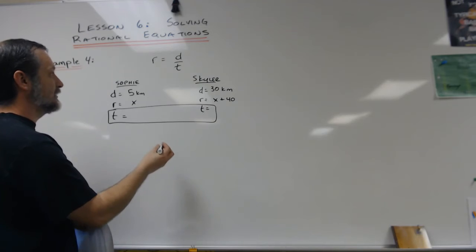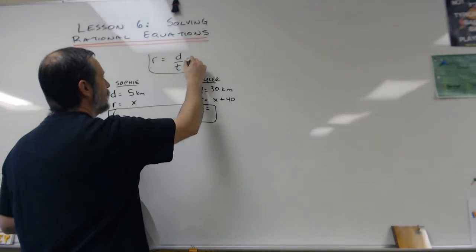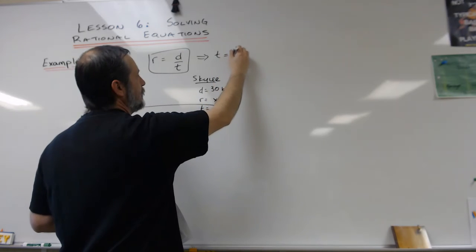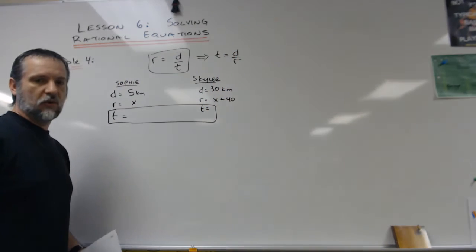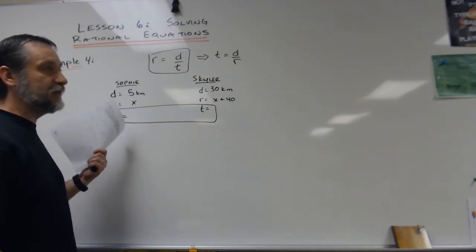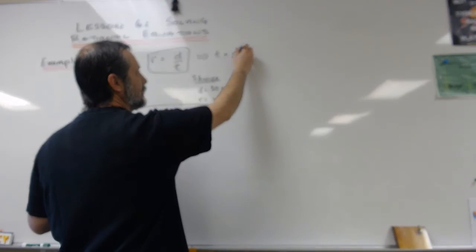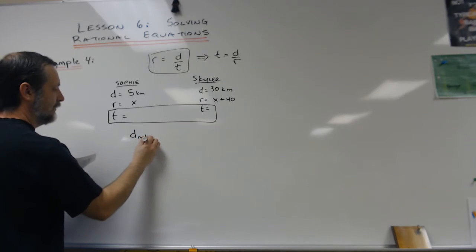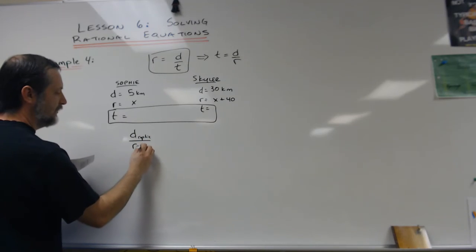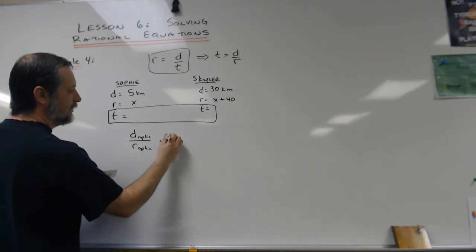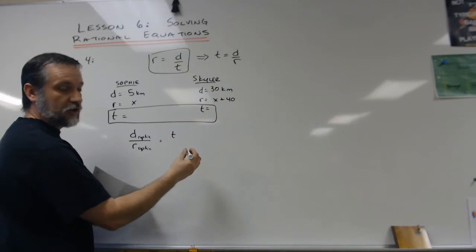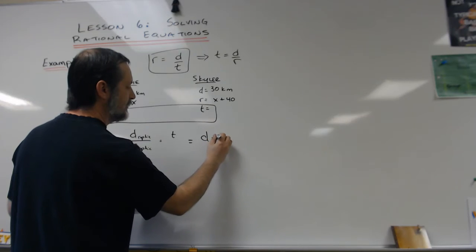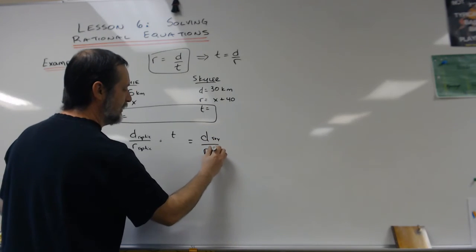So if I put both of these in context of time, if I rearrange this formula and say, okay, well, time is the distance over the rate, Sophie's distance over rate, so the distance of Sophie over the rate of Sophie is going to equal a time, which is also going to equal the distance that Skylar goes and the rate that Skylar goes.